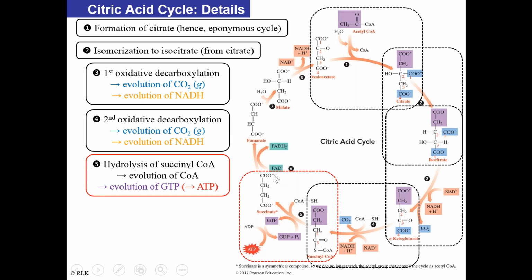Now you get to 5 and you have some hydrolysis of that succinyl CoA. Okay, in doing so, succinate will then be created. And then you also have the evolution of GTP, okay? That has implications then for ADP evolution, all right?